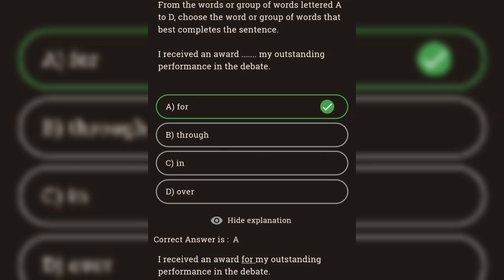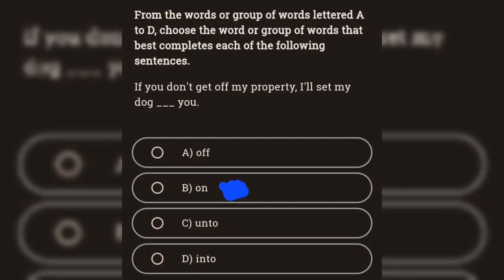Okay. So the last but not the least example is, if you don't get off my property, I will set my dog on you. So the right answer is on, not off you.